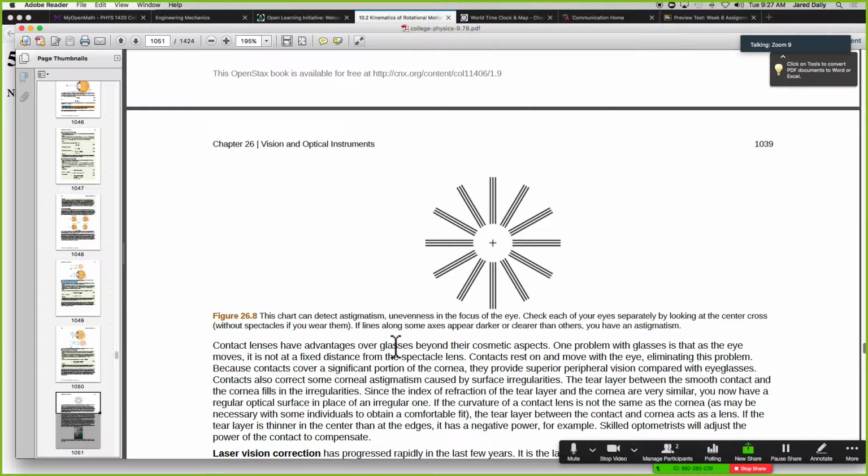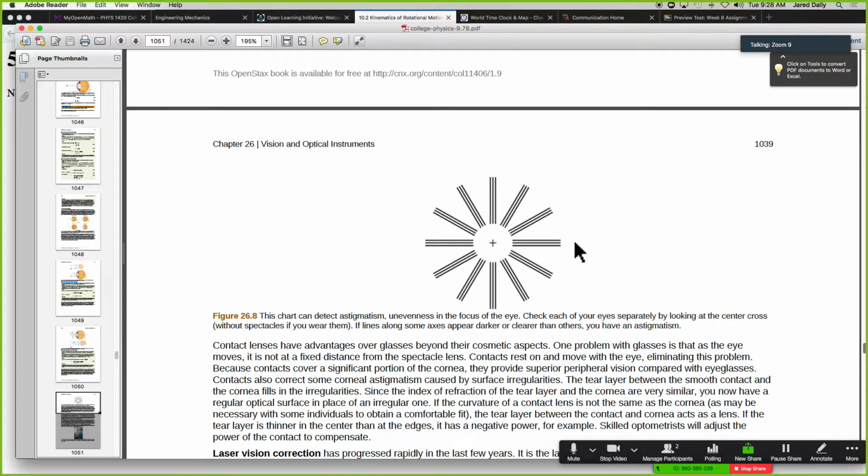And the way that you test for that is you look at a chart like this. With my glasses on, each one of these sets of triple lines is pretty much equally focused. But if I take off my glasses and I cover my right eye and I try to bring it into focus, the up and down lines are out of focus and these ones are in focus.